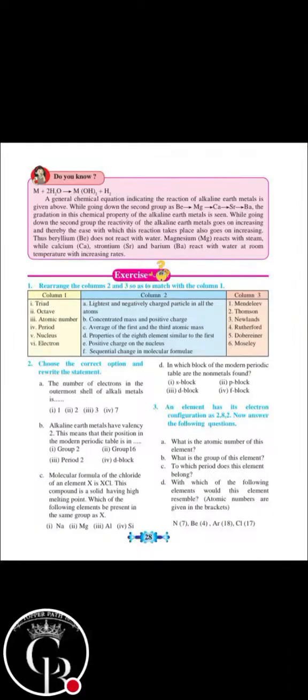The reactivity of the alkaline earth metals goes on increasing, and thereby the rate at which this reaction takes place also goes on increasing. Thus, beryllium does not react with water. Magnesium reacts with steam, while calcium, strontium and barium react with water at room temperature with increasing rates.